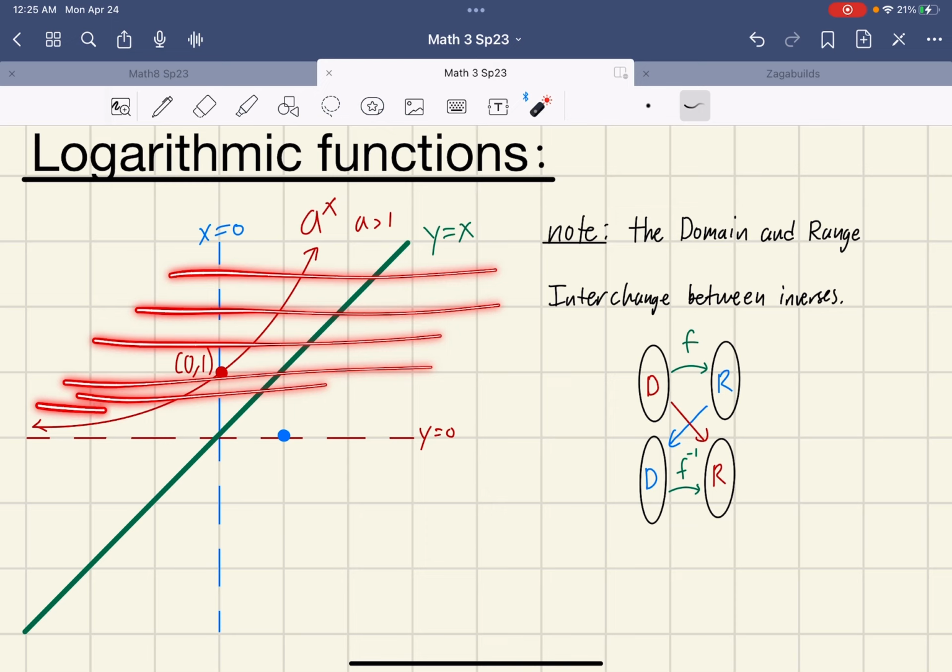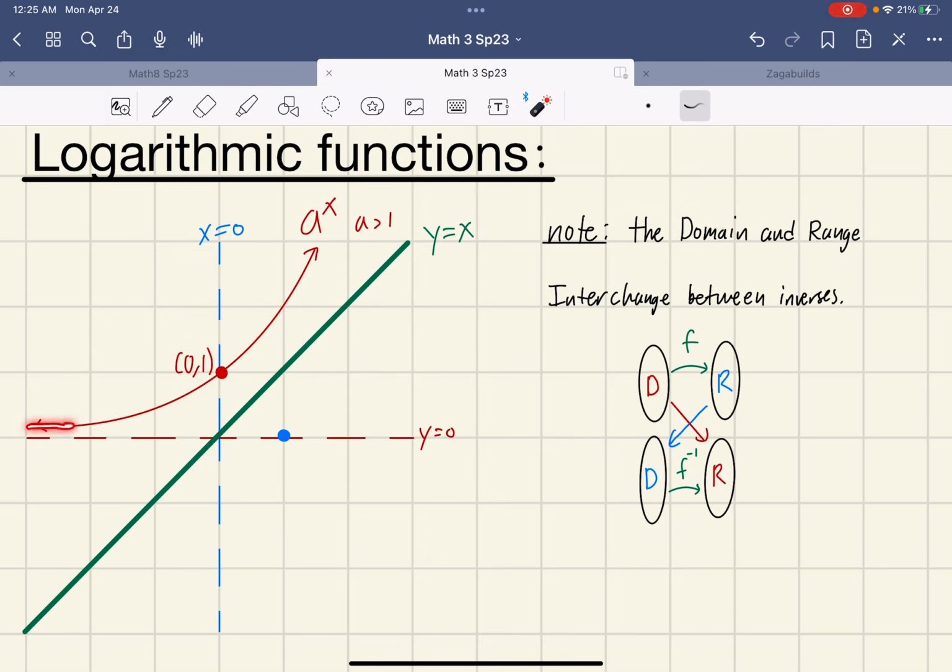And I know here it might look like it's flattening out, but remember, this is the horizontal asymptote for my exponential function, which means this part of the graph continues approaching the horizontal line forever.